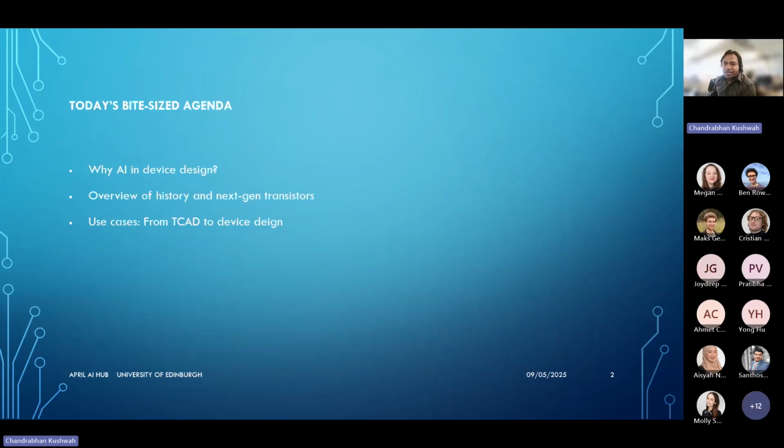The key challenges are the complexity of these devices like transistors, the complexity of their design, long development cycles, high computational cost because of simulation and processing, and also fabrication cost. So these are the challenges where AI can be beneficial for us.